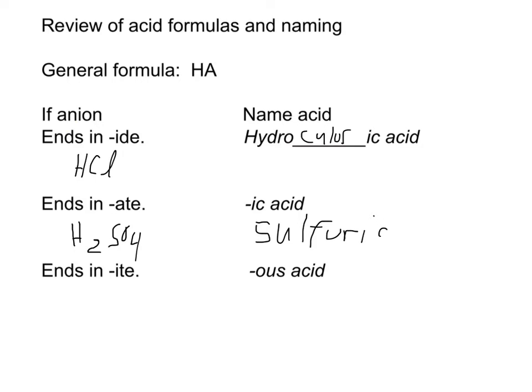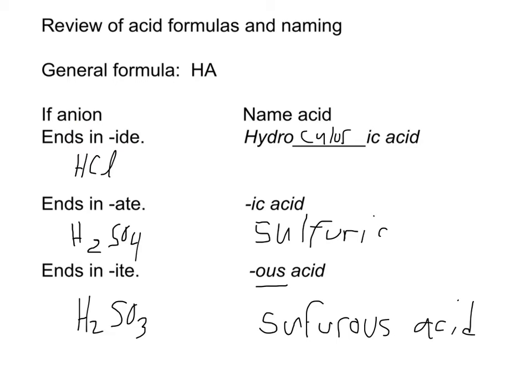And then the third ones are ones that end in ite. So we could go with sulfite, H2SO3, hydrogen sulfite. That's going to be the stem paired with the suffix ous. So this is going to be sulfurous acid. And there are some other ones as well, but these are the three probably most common ones.